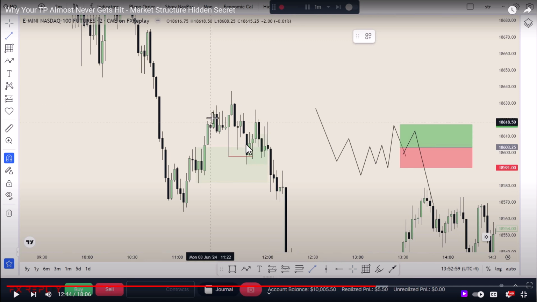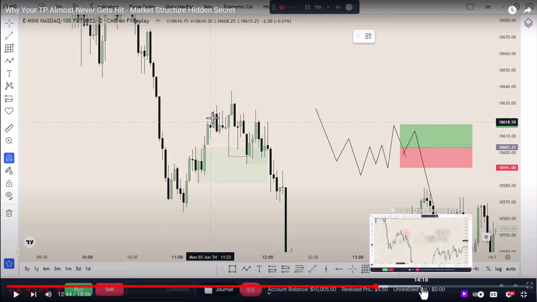This CSS is offering pullback to the previous CSS, which is this one right here. So we have this sweep and then another sweep, and then eventually price rallied to the downside, continuation of the trend. So we are favoring the bearish CSS in this case.